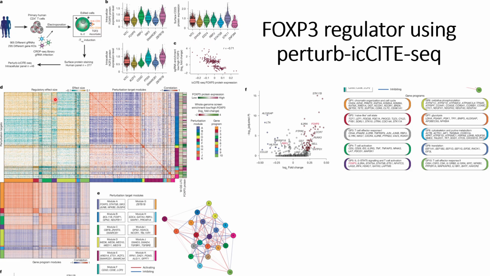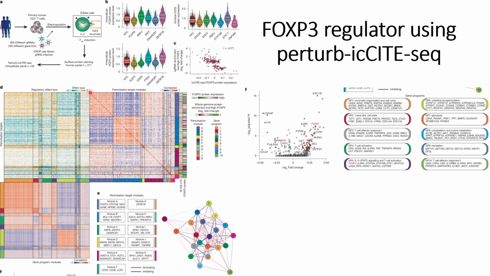And now here they plot this heat map where they plot FOXP3 expression with different perturbations. The perturbation modules can be seen in the vertical direction, and the gene programs in the horizontal direction.